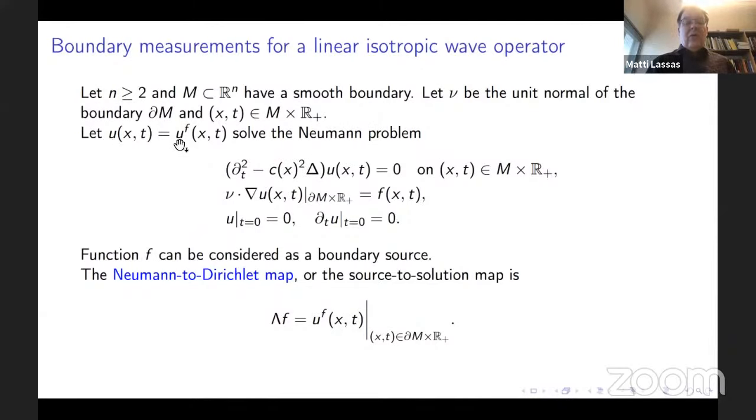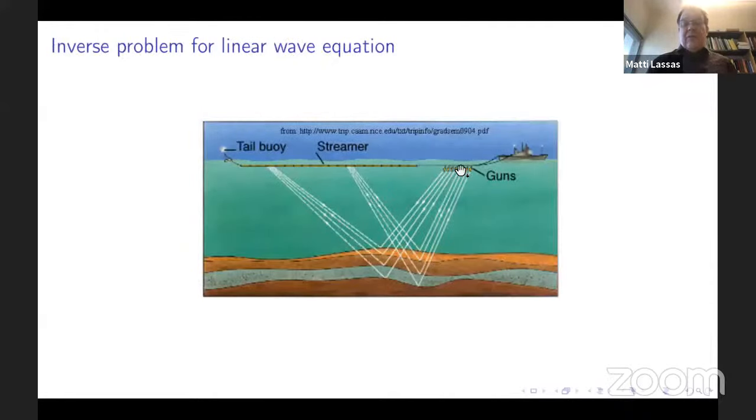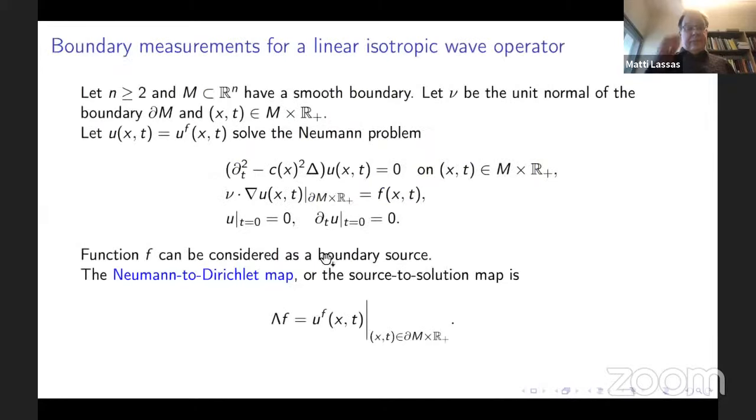And u with index f here is the solution of this problem with the Neumann boundary value, the normal derivative of u equal to f. This f physically can be considered as a boundary source, like the source produced by these air guns. And we assume that we are given the Neumann to Dirichlet map that maps this known boundary value, the Neumann data, to the Dirichlet boundary value of the wave.